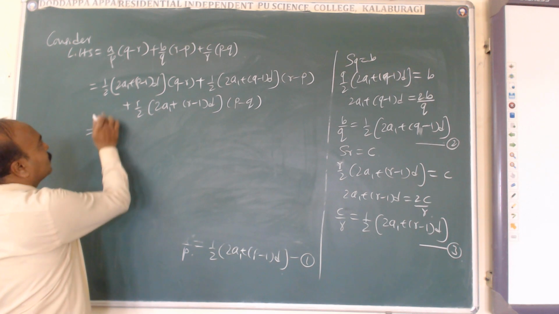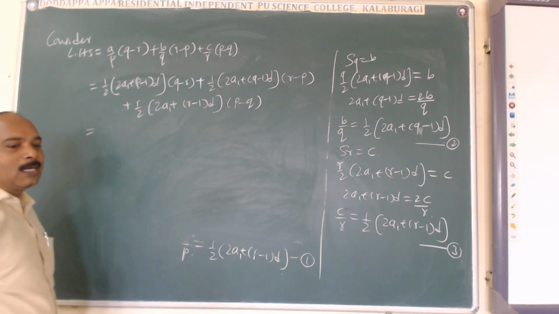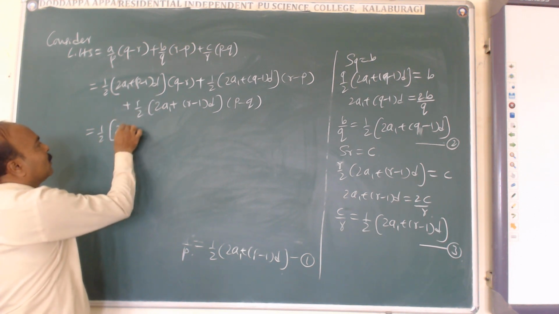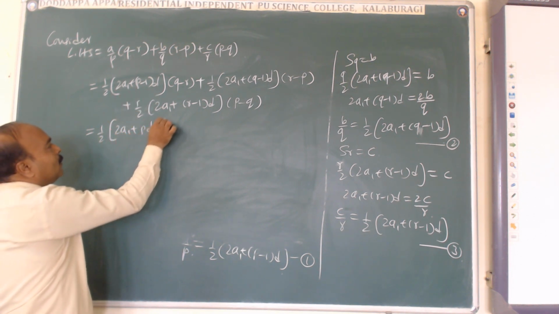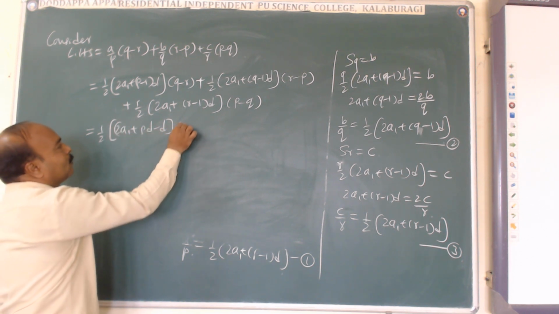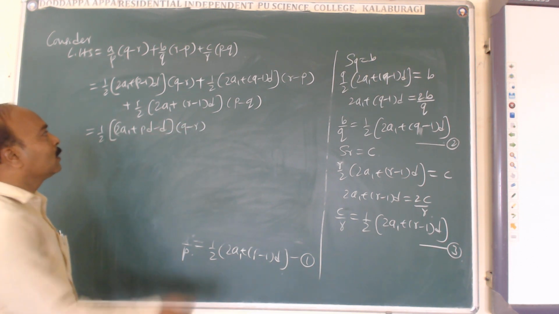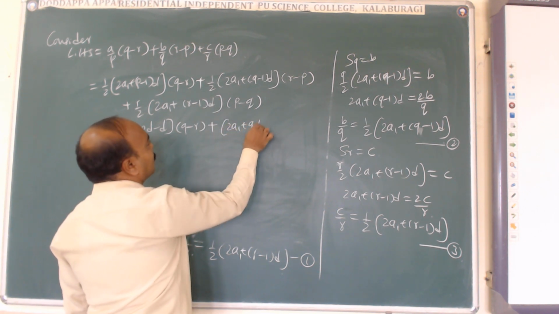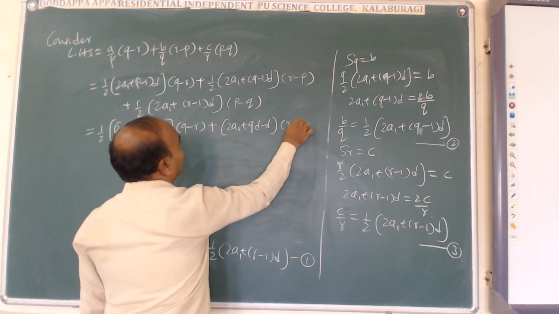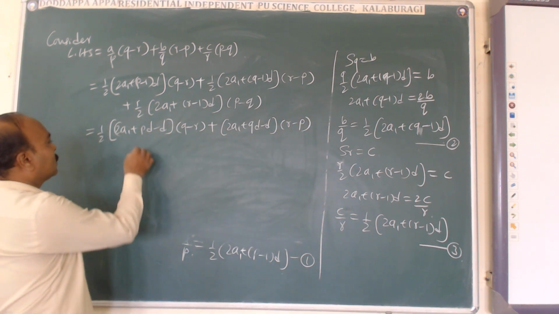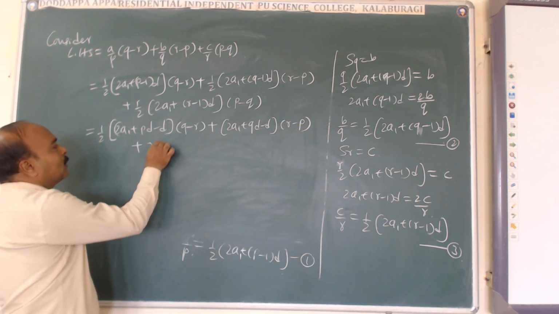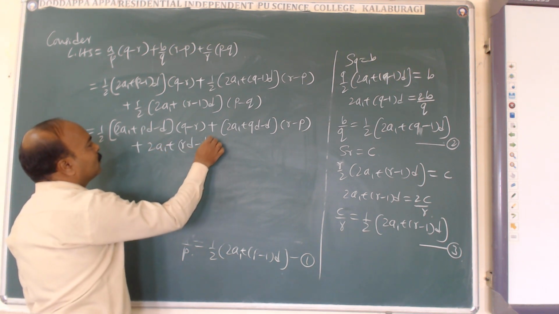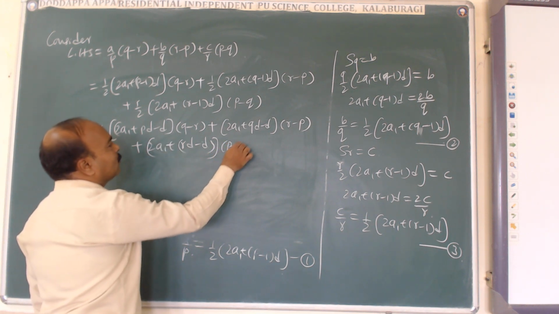Now simplifying this, here 1 by 2 is common for all the terms. You take 1 by 2 totally common, you multiply 2A1 plus pd minus d into q minus r, plus 1 by 2 is already outside, we get 2A1 plus qd minus d into r minus d, plus 1 by 2 is already outside, 2A1 plus r into d minus d into p minus q.